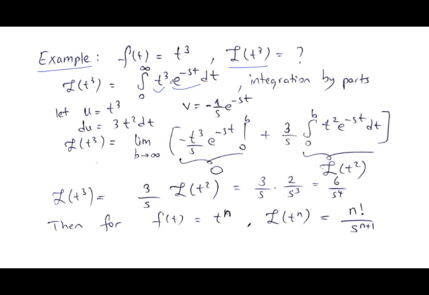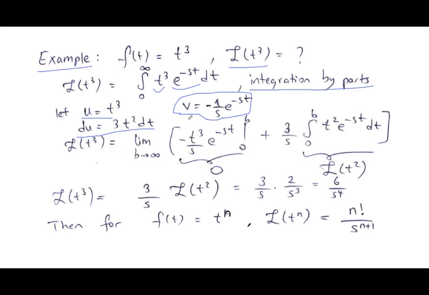As we mentioned before, for a polynomial expression times an exponential expression, you can use integration by parts from calculus. So you need to let u equal t cubed and then calculate du. And also we need to write down what is v.